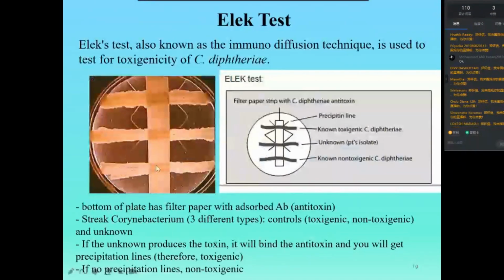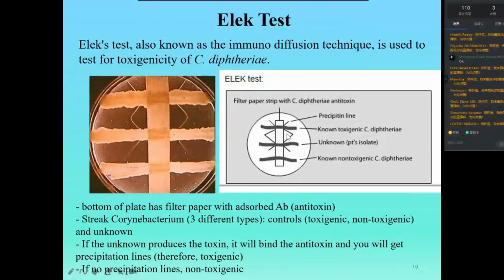What you do is place a filter paper containing antitoxin this way, and then pour the agar into the dish. This is a culture dish. You place the filter paper at the bottom, and then you pour in the agar to form a culture plate. Then you streak the bacteria this way.